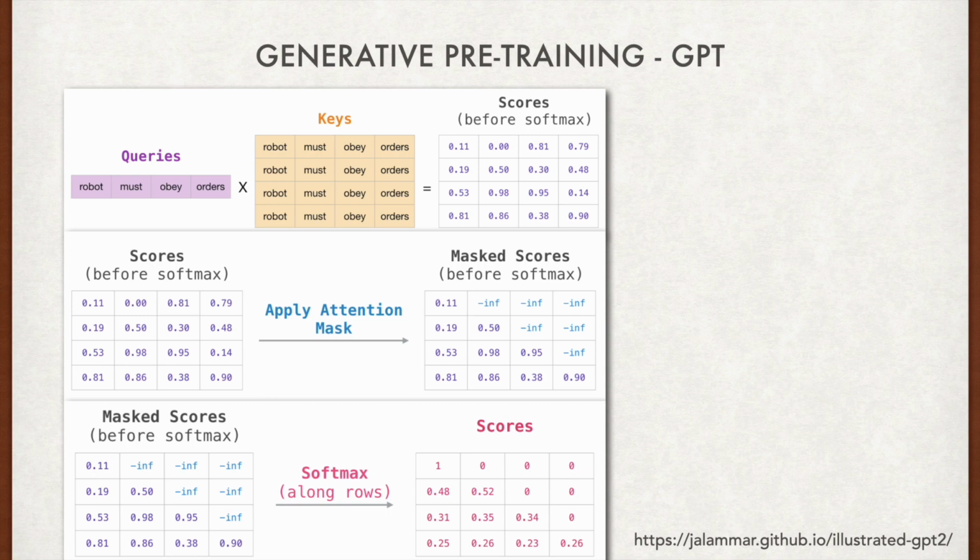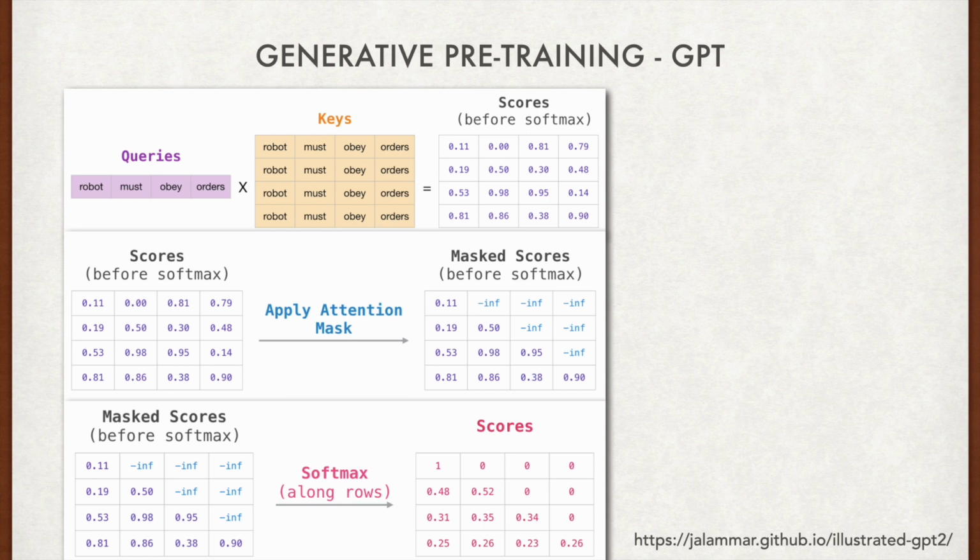The procedure that we use to prevent cheating is exactly the same as in the original transformer. We create a mask matrix of the same shape as the attention matrix and fill every value above the diagonal with minus infinity. Then we sum those two matrices, the attention matrix and the mask matrix. As a result, we obtain a masked attention matrix, in which every value above the diagonal is equal to minus infinity.